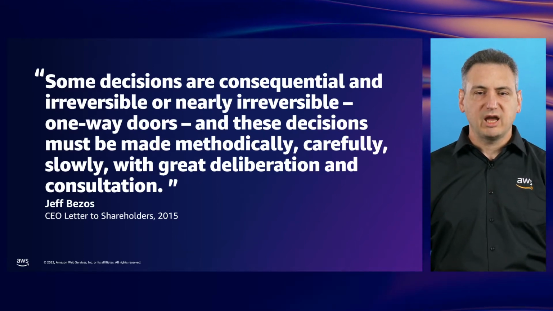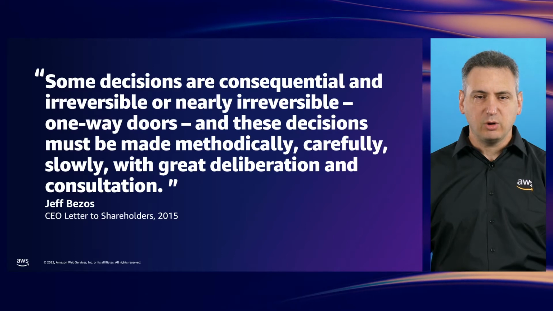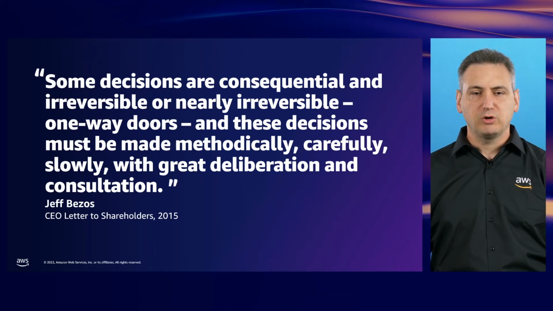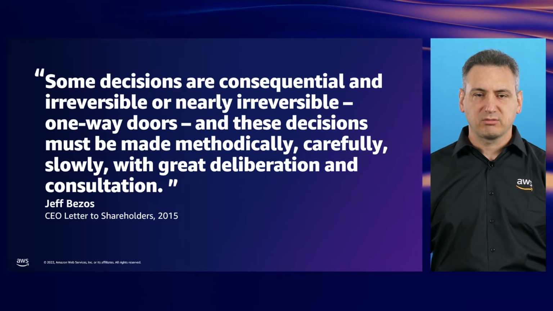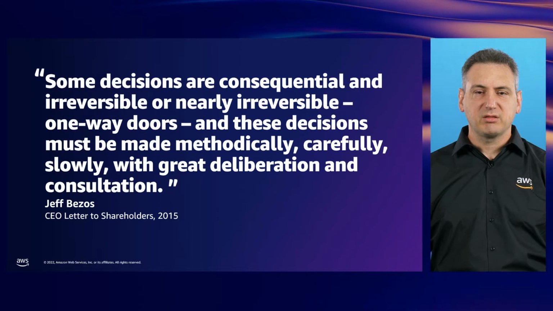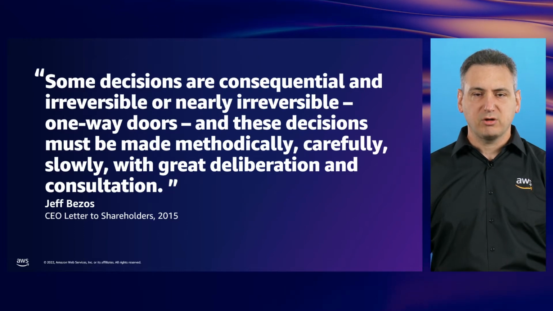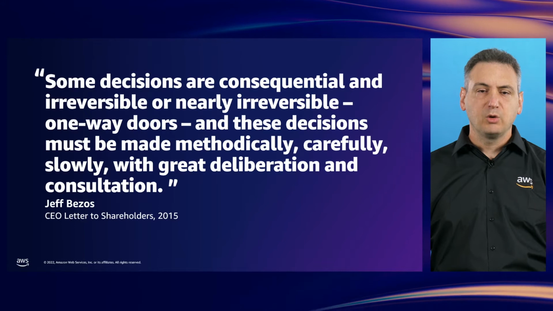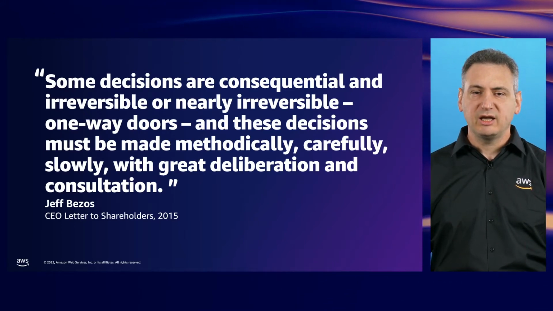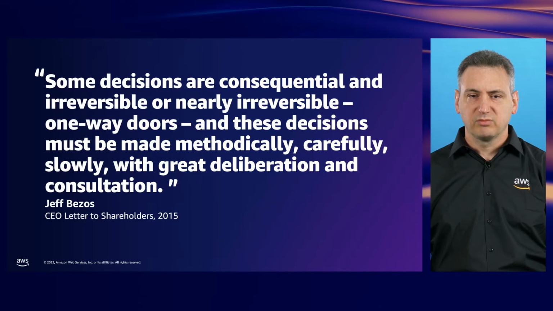One tool we use at Amazon to assist us in making high-quality, high-velocity decisions is a mental model we call one-way and two-way doors. A one-way door decision is one that has significant or complex to reverse consequences, whereas a two-way door decision is one that has limited and reversible consequences.